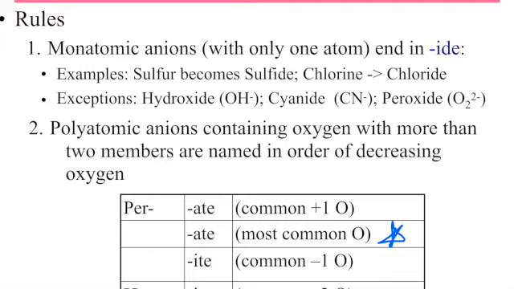We're going to see "ates" with multiple different numbers of oxygens and multiple different charges, but the one that is found most often in nature is called the "ate." If you go one below, it's called "ite," and if you go one below that in terms of numbers of oxygens, you get the "hypo...ite." If by chance you find one that has one more oxygen than the normal, it is going to be the "per...ate." So what does this mean?